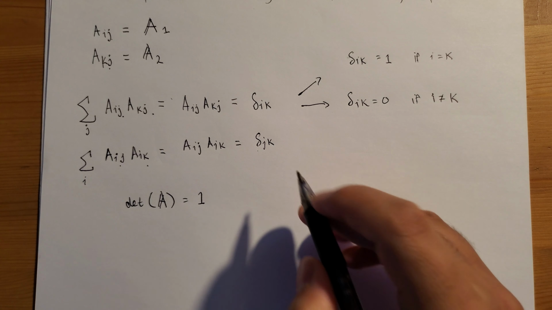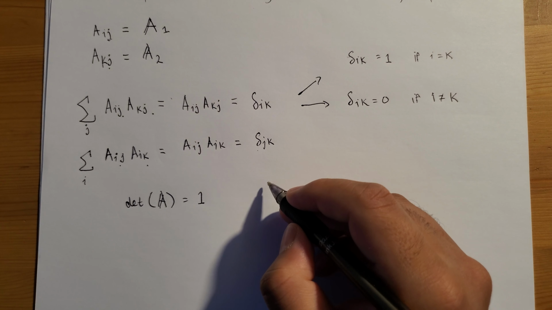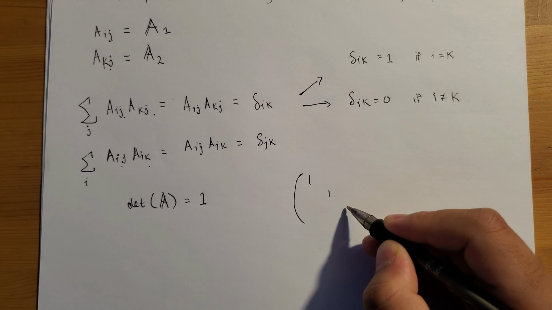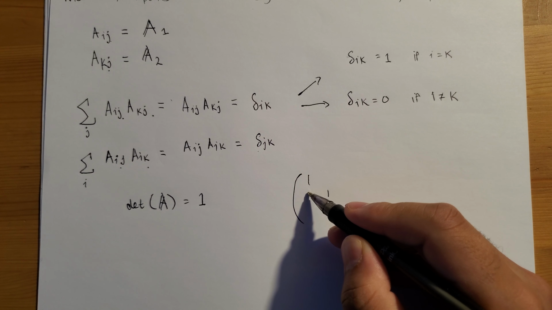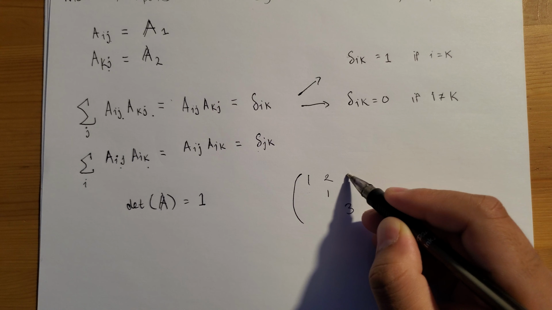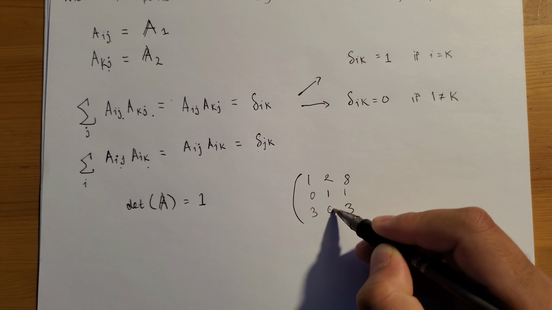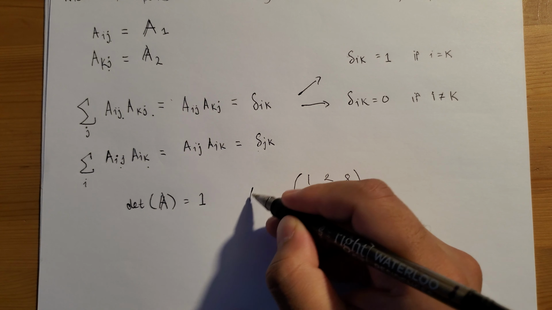A determinant, the best way I found to calculate it is, let's say I have a matrix with 1, 1, 3 going across, and let's say 2, 8, 1, 0, 3, 0, right? So let's say I have this matrix, and I'm going to call this A.